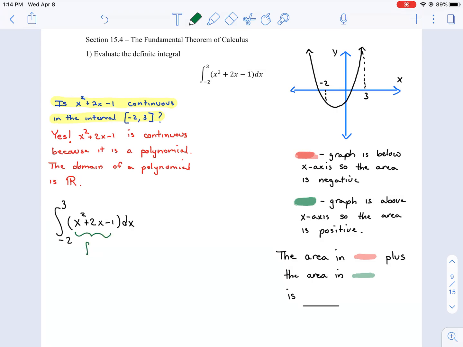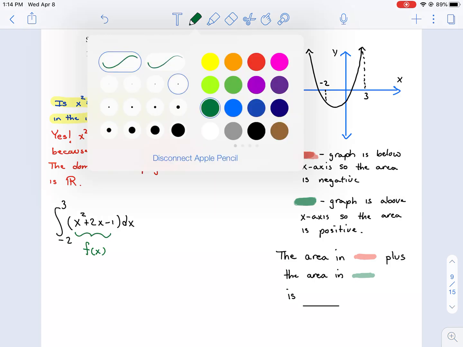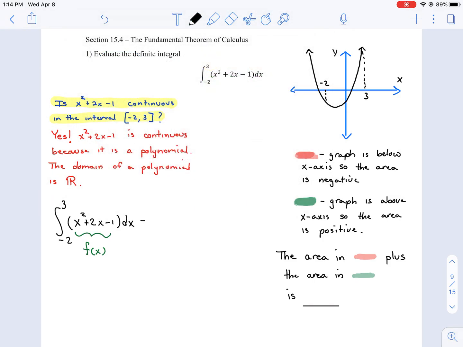X squared plus 2x minus 1, that is your lowercase f of x. The antiderivative of the function is x cubed divided by 3 plus x squared minus x.